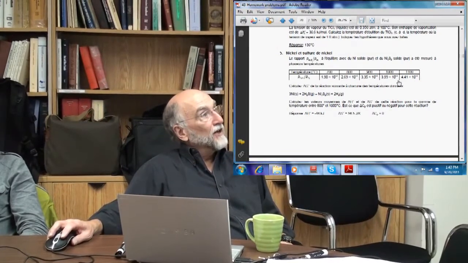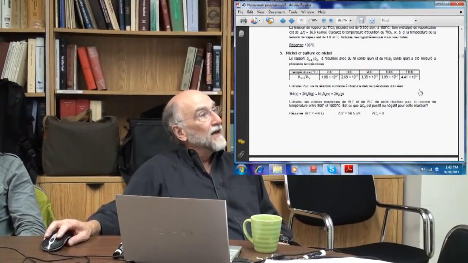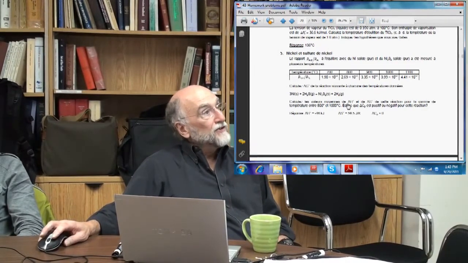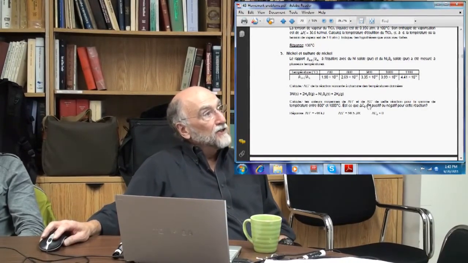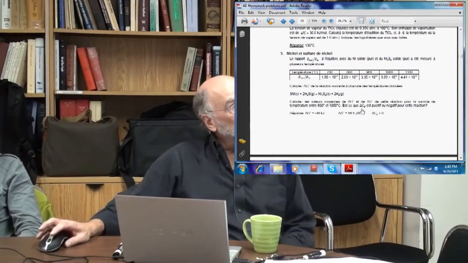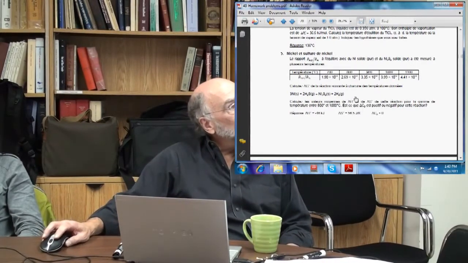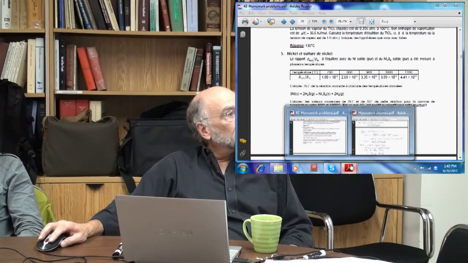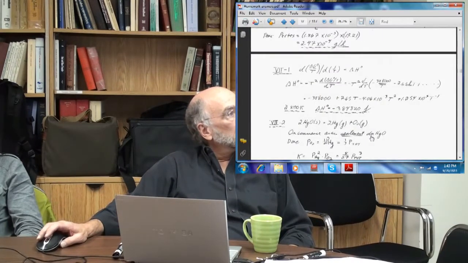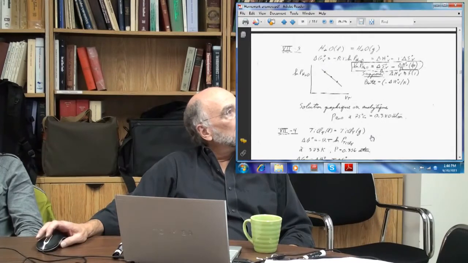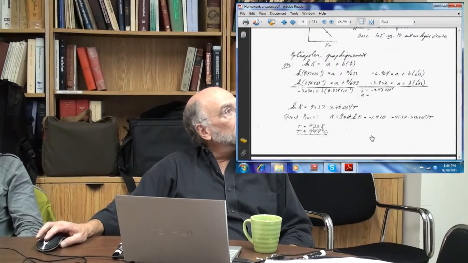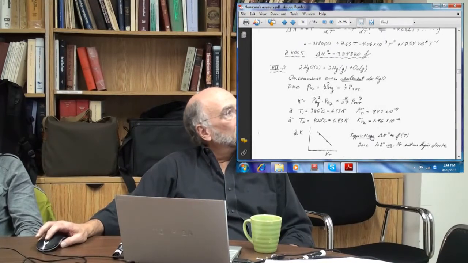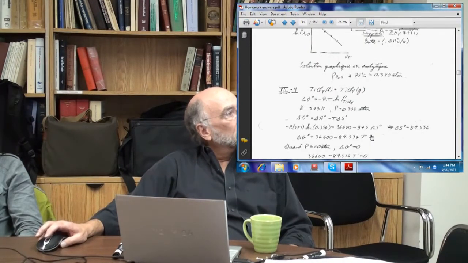So it says calculate delta G0 of the following reaction, and calculate the average values of delta H and delta S over that temperature range. And it asks you also for delta Cp, the change in Cp of the reaction: is it positive or negative. Number 5.